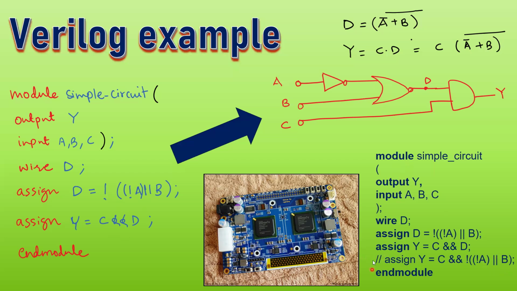So I have put these two lines just to tell you, instead of writing two assigns separately, you can use one simple assign statement, that is Y equal to C and D. And what is D? D is the same expression that I have put up here, that is, take a NOT of A OR with B, close the bracket, and take again the NOT, that becomes your NOR operation.